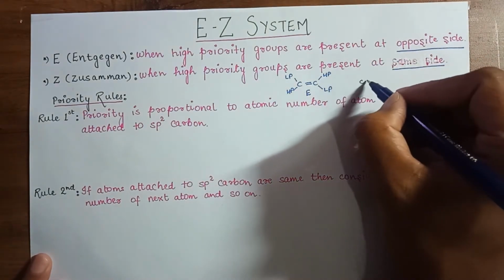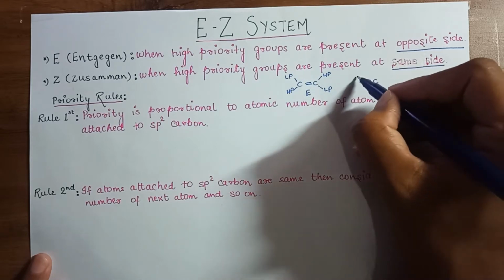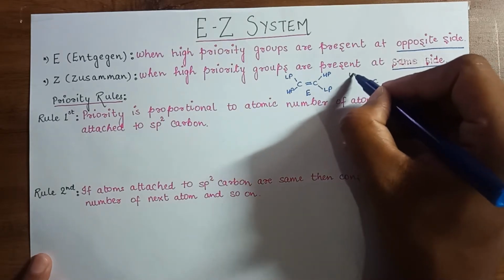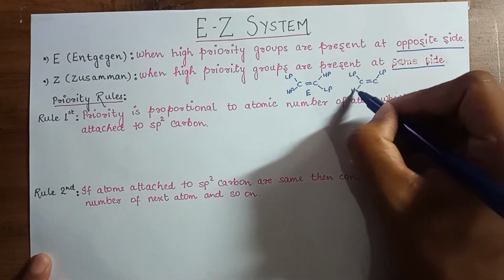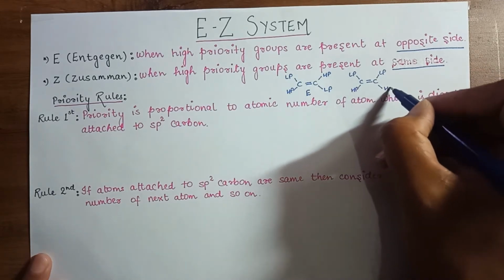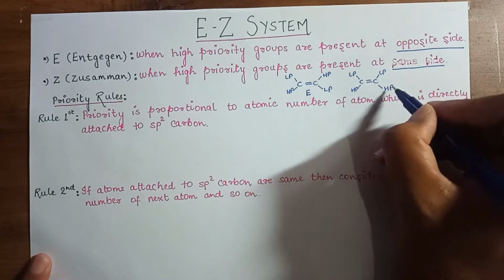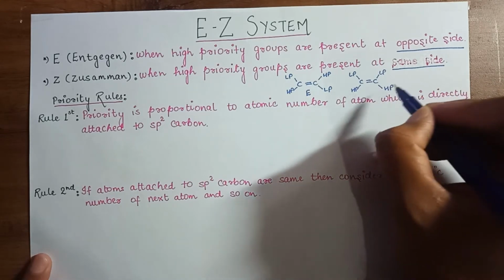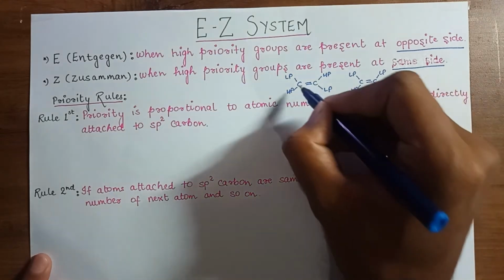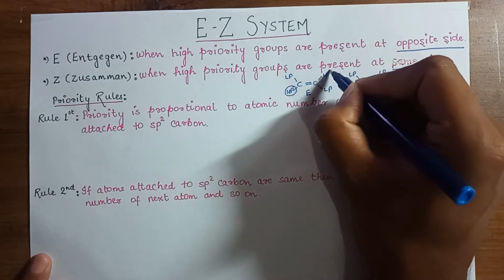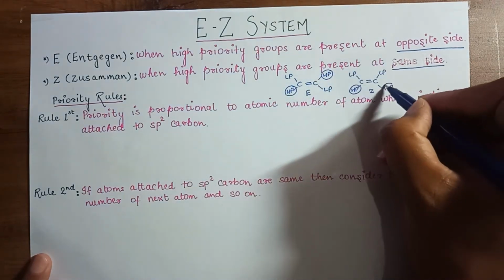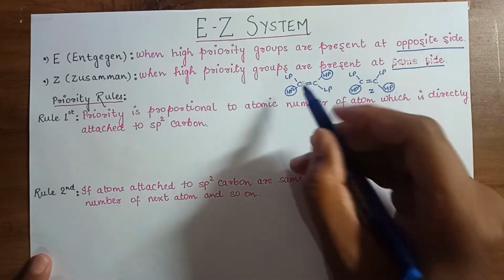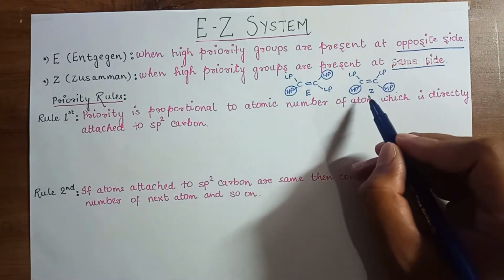And another case, C double bond C, low priority, high priority, high priority on the same side, so it will be my Z. So here you can see high priority on the opposite side, high priority on the same side. Opposite side E, same side Z.